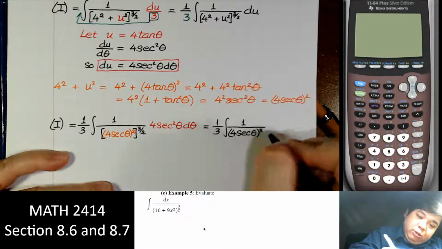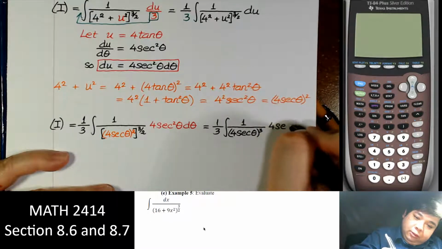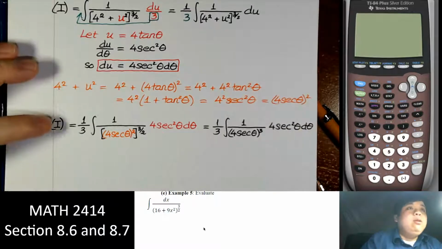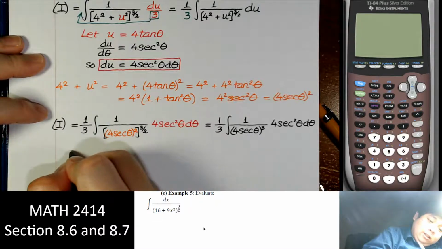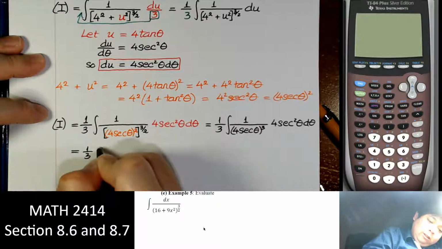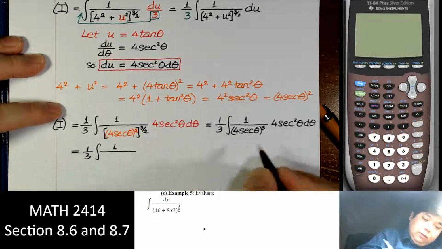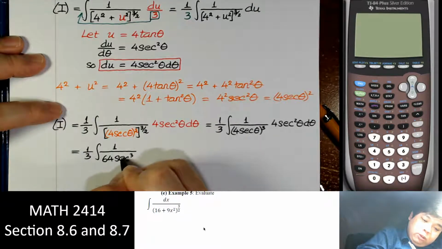That cube. Right. Now, the cube will go to the 4 and the cube will go to the secant. So it will be 64 secant cube.